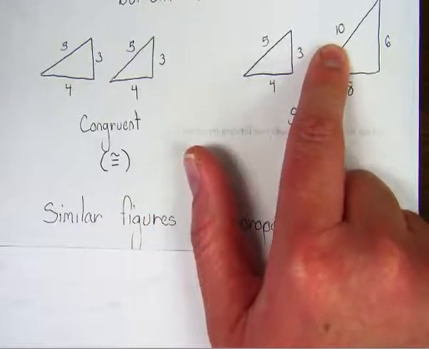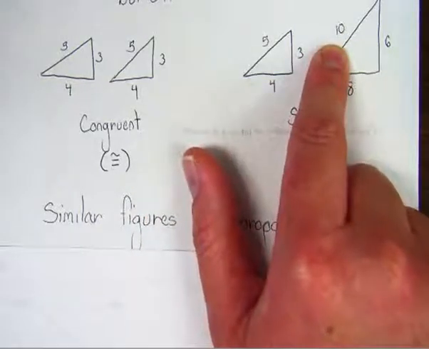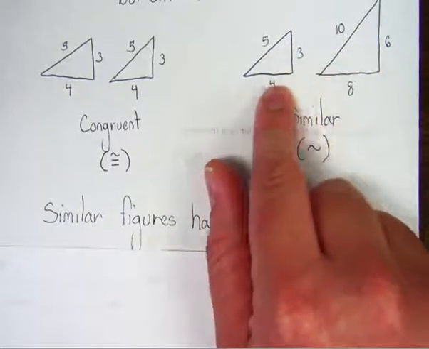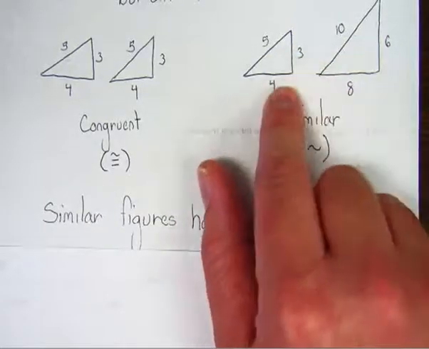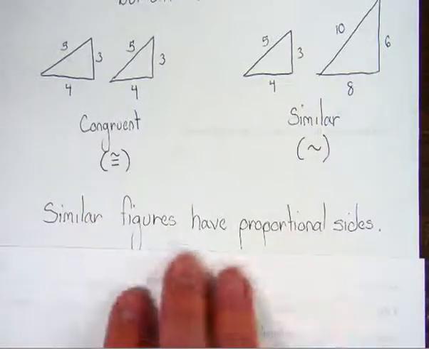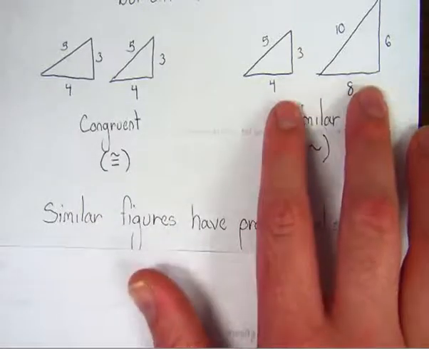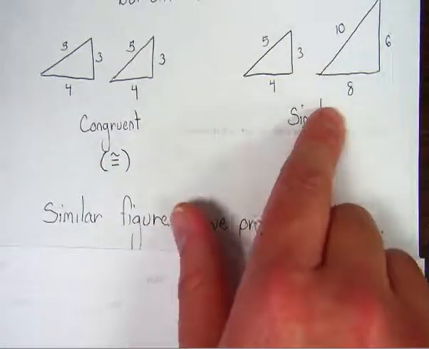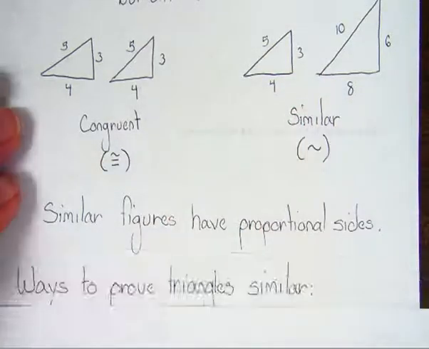Same thing here. There is some number I can multiply 10 by, 1/2, to give me that side, and if I use that again, I'll be able to produce all the other sides from it. In this situation, we say they have proportional sides if there's one number that you can multiply all the sides by to get all the sides in the similar figure.